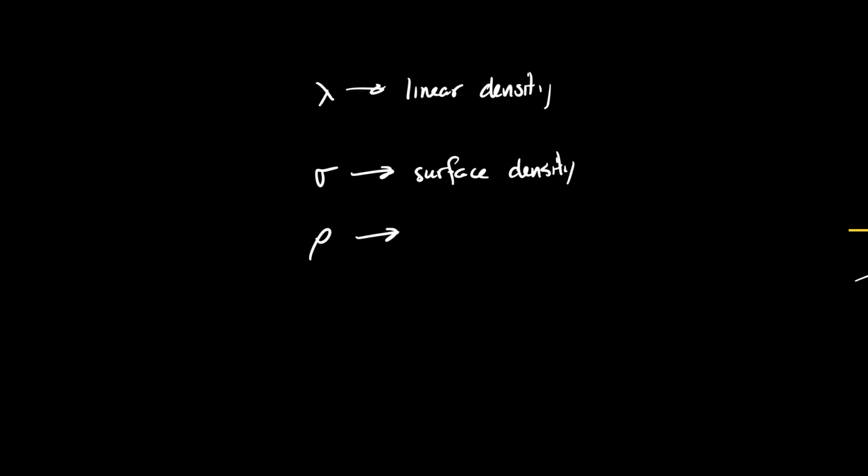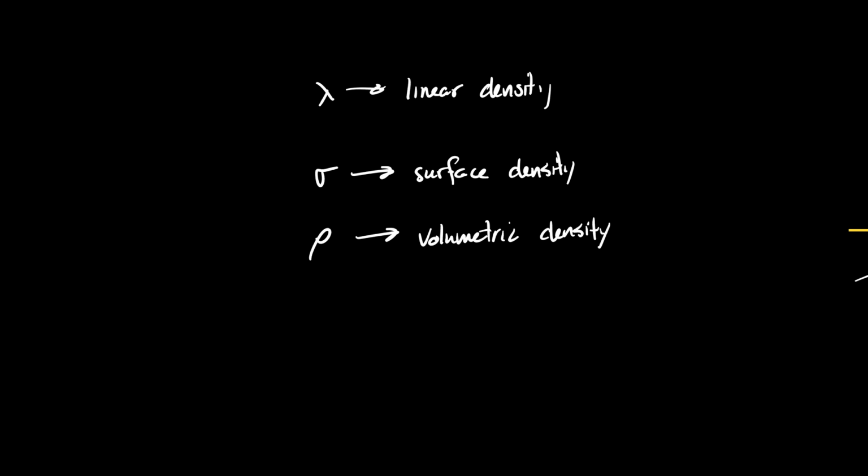And we use rho for volume density. In mechanics, we use this only when we were talking about moments of inertia and center of mass. And we didn't use it very much. I need to make sure you understand we will use this all the time.